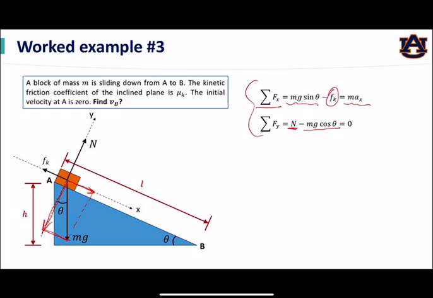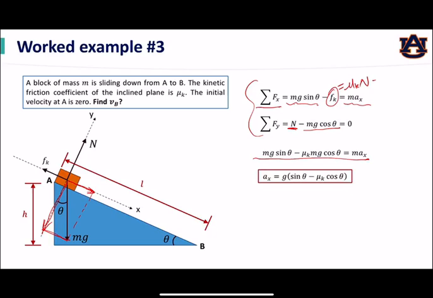Again, let's replace f_k with mu_k times N, so we can obtain that mg sine theta minus mu_k mg cosine theta equals ma_x. We can divide m from both sides, and then we obtain the acceleration, a_x, along the slope.